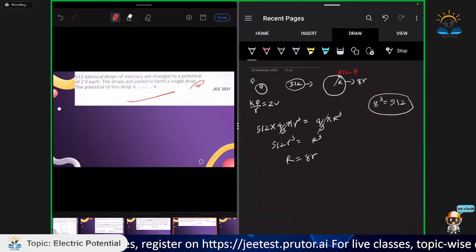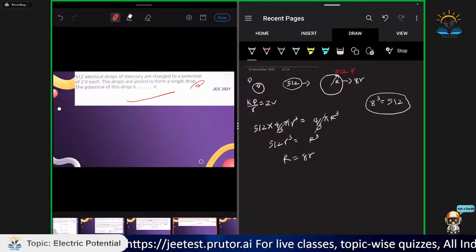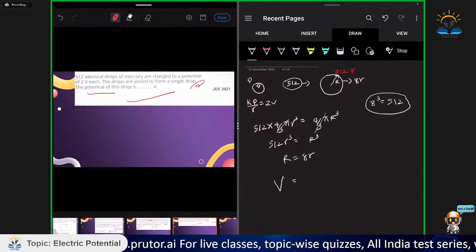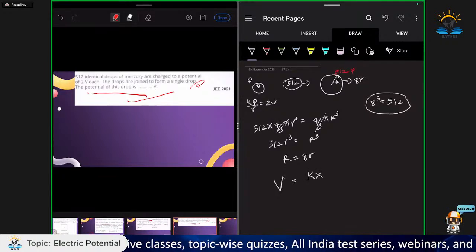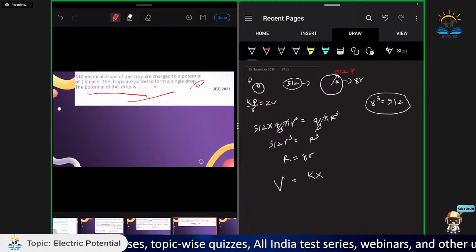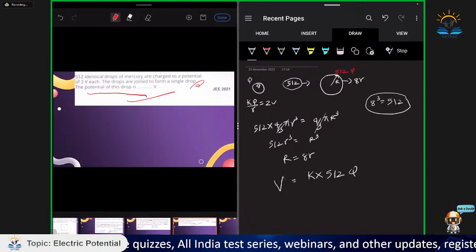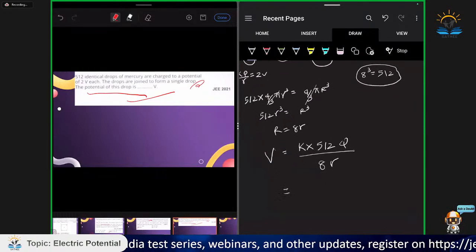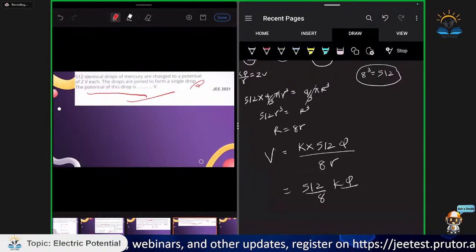The final potential of this drop will be K into Q, which is 512 small q, divided by R, which is 8r. So 512 by 8 into KQ by r.